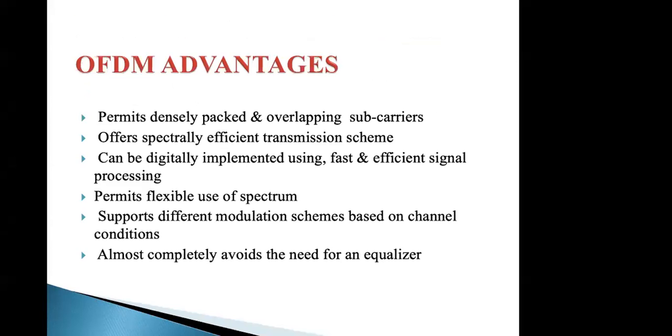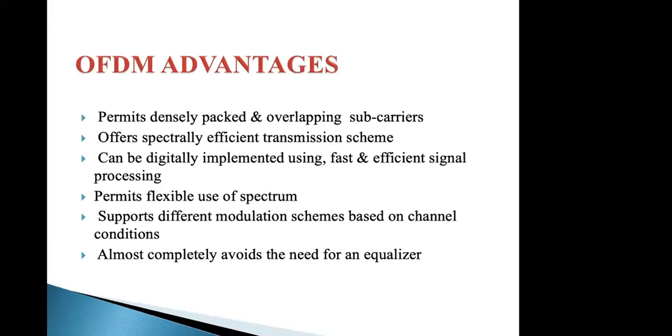So what are the other advantages of OFDM? It permits us to send densely packed and overlapping subcarriers, and it is a spectrally efficient transmission scheme. Why is it spectrally efficient? Because we are saving some bandwidth. If you use frequency division multiplexing, we always have to leave some guard band, whereas in OFDM we do not leave any guard band interval between the carriers.